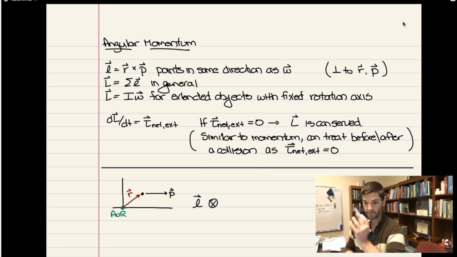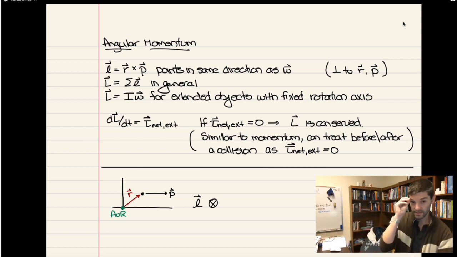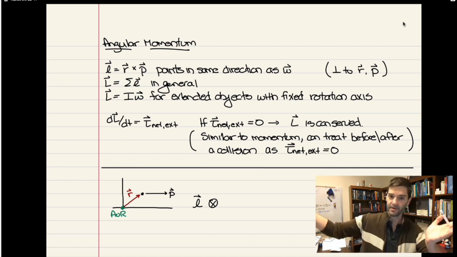Similar to what we saw with linear momentum. And I'll just point out, like linear momentum, this can often be applied if you do it immediately before and immediately after a collision. And we'll look at this as there are some cases where the net external torque is always 0, and then I could look at the angular momentum at 2 points really separated in time.